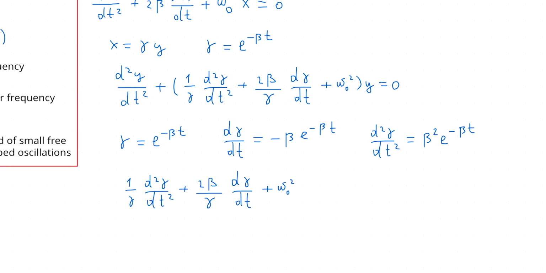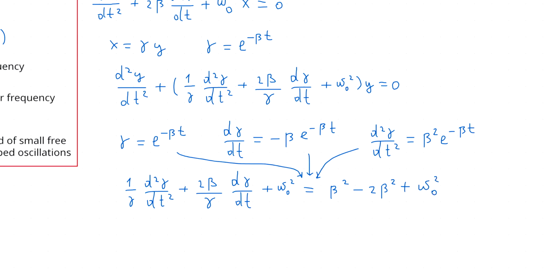It will be equal to. So let's use this formula, and we will obtain beta to the power of 2 minus 2 beta to the power of 2 plus omega 0 to the power of 2.